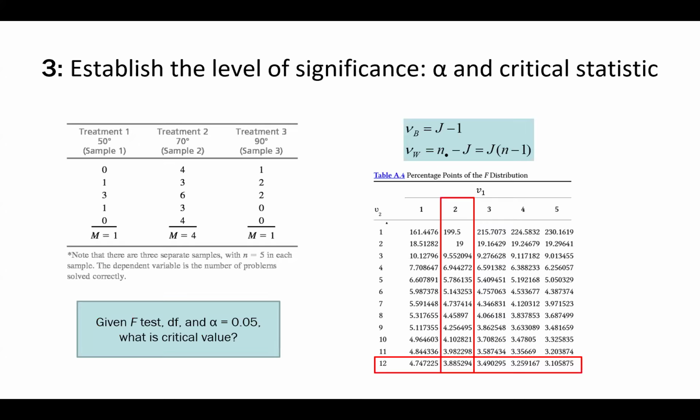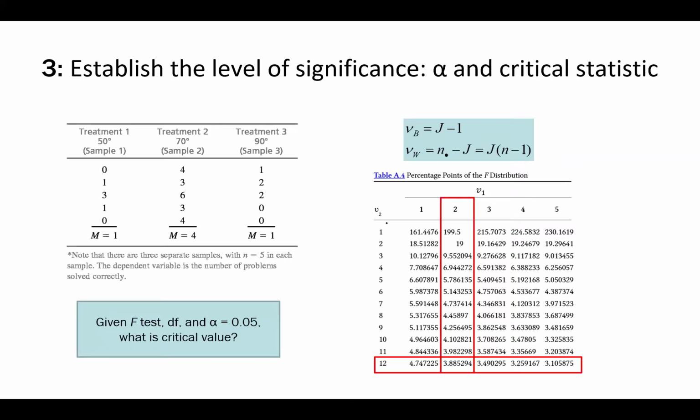Because we have 15 people in the total sample minus 3 groups, that's 12. Or 3 groups times 5 minus 1, which is 4, which is 12. So our denominator degrees of freedom, our degrees of freedom within, is 12.